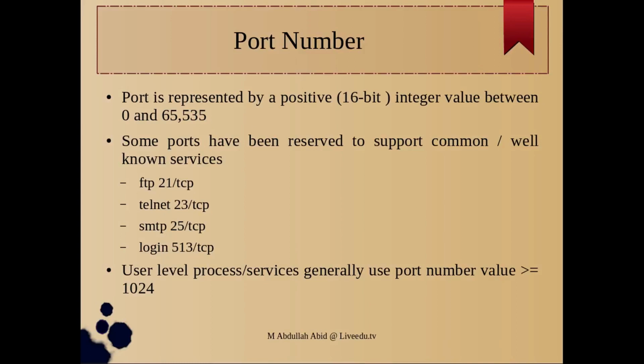Numbers greater than 1024 are usually user-level processes that we can use for our own processes. For example, a DB server that I am running on my machine for my own project, so I can assign my own port number to it.